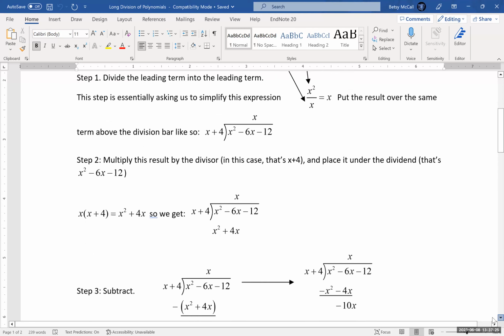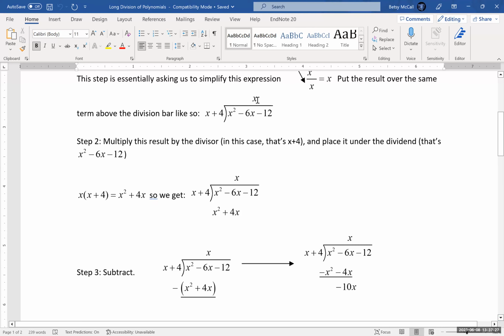Here we're lining up the terms. And then the next step is to multiply this number by the divisor. So x times x is x squared, x times 4 is 4x. And then we write it underneath the dividend, the numerator, and then we need to subtract this.